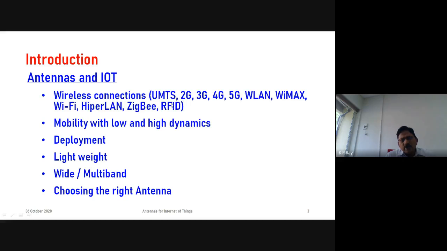So that is also a very strong ingredient of this IoT. So these are the protocols which IoT uses.